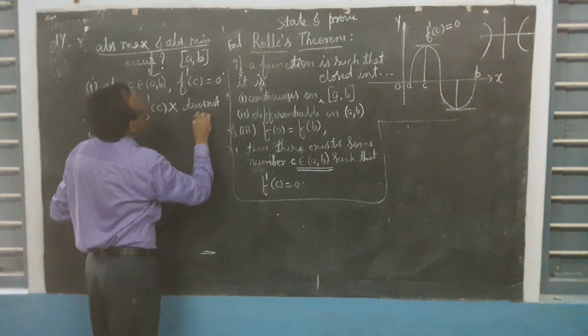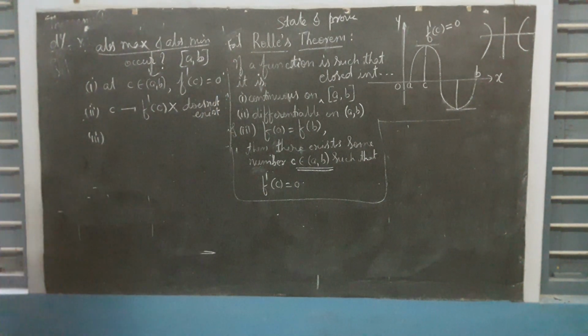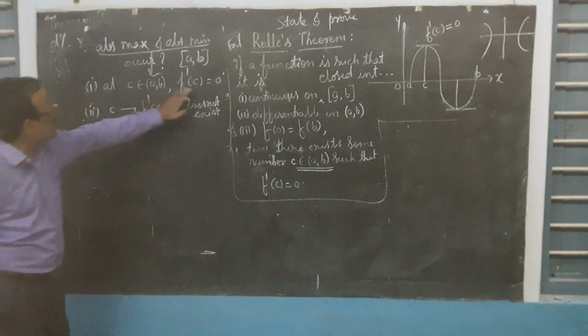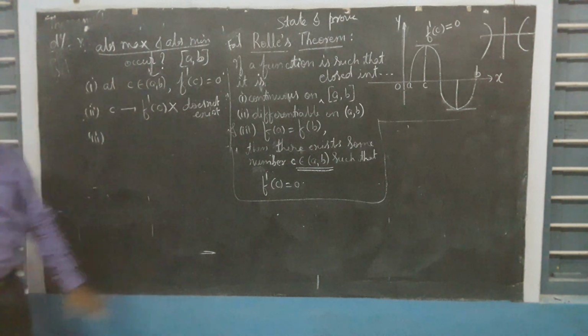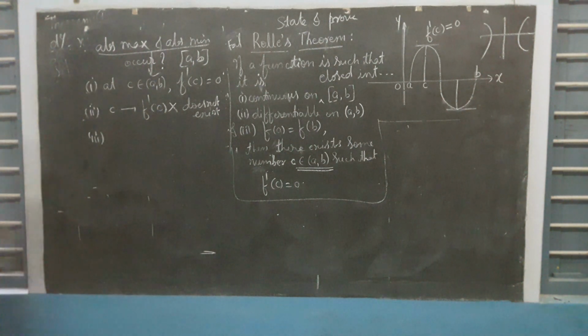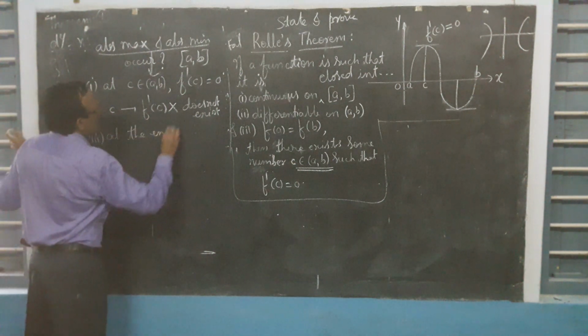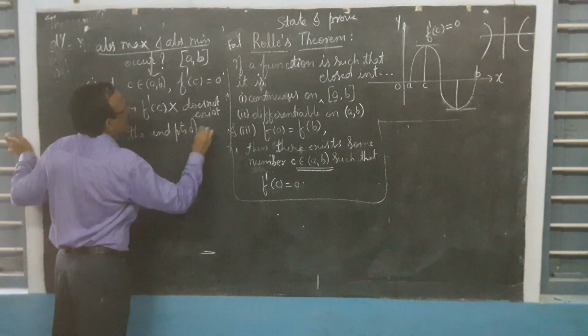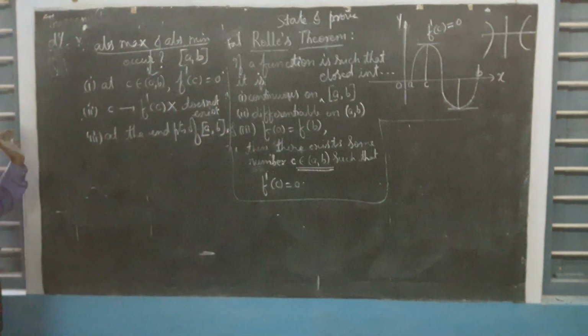So either it is a point at which the derivative is 0, or a point at which the derivative does not exist, or the third possibility is at the end points of the closed interval AB. These are the three possibilities.